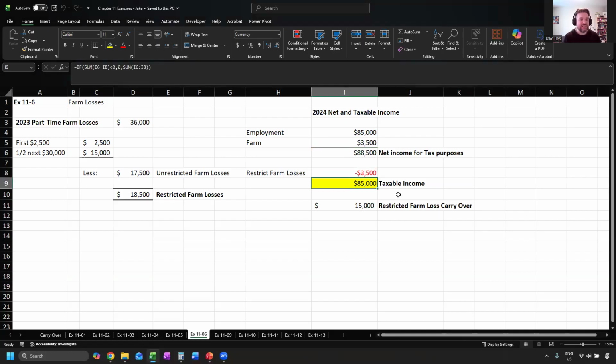Our taxable income is back to just the $85,000 employment income, and $15,000 is still left of our restricted farm loss to carry forward. Hopefully, if this taxpayer continues to work that farm, we've started to make a profit, and it grows next year. We can make another $15,000 of farming profit without having to worry about paying the taxes on it because it will be deducted from income.